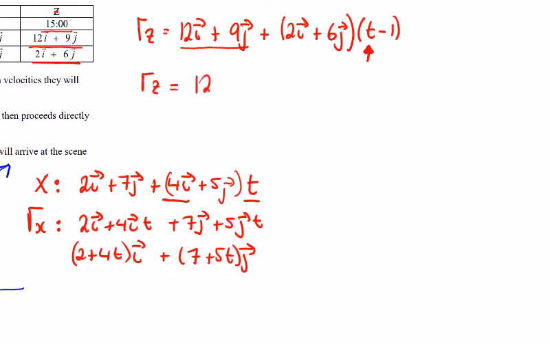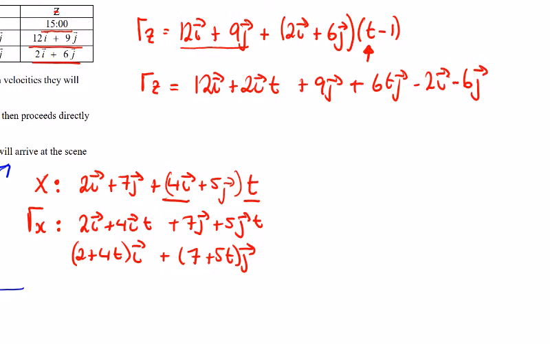So the relative position of Z is going to be 12i plus 2it plus 9j plus 6tj, and then we have the minus 2i and the minus 6j.